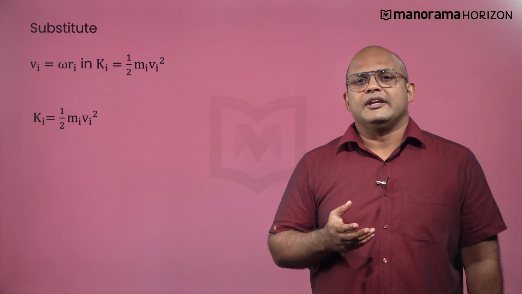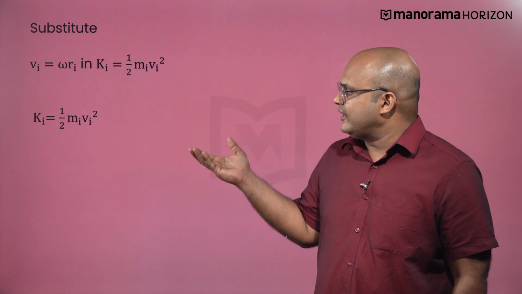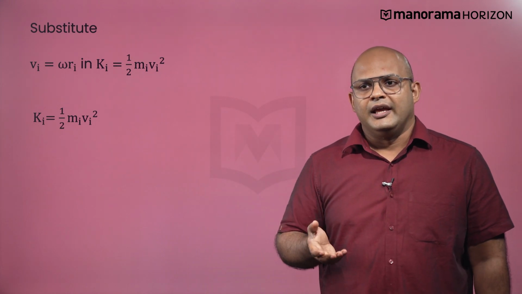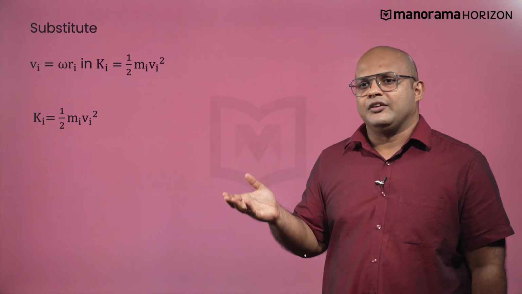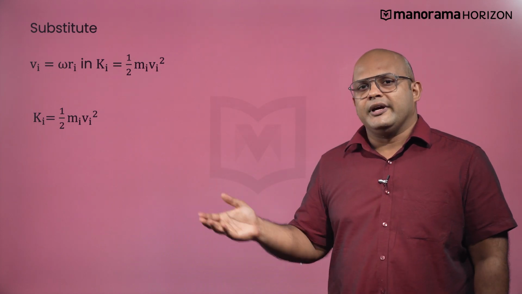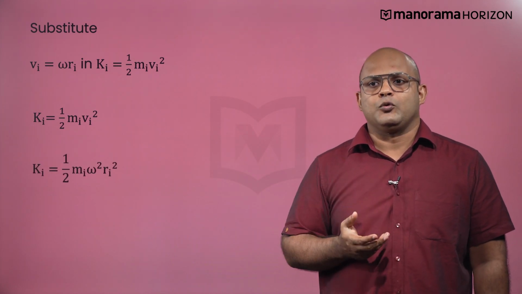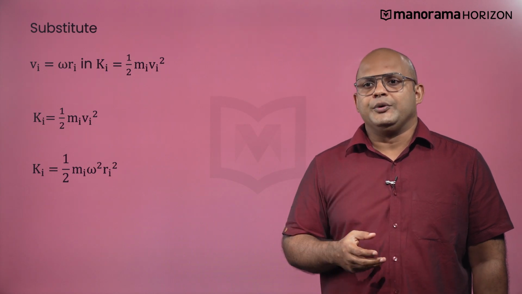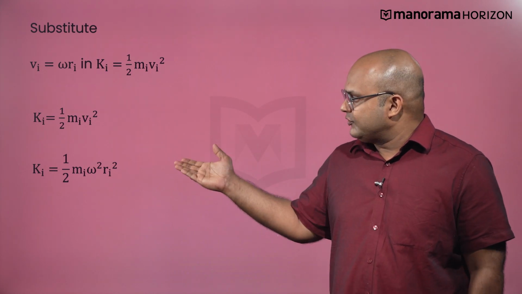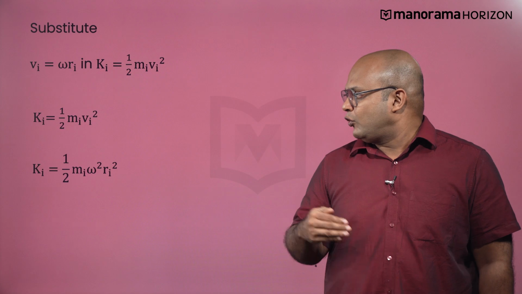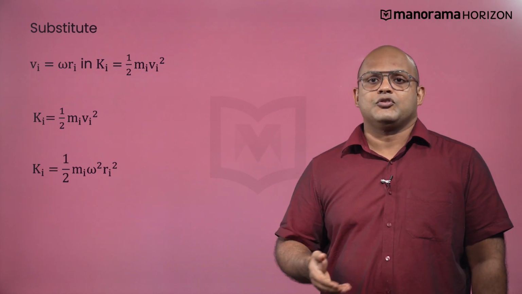In this particular case, if we substitute the value of Vi as omega Ri in Ki equals half m vi squared, which is the linear kinetic energy of each particle moving through space, we get a new formula: Ki equals half mi times omega squared times Ri squared.